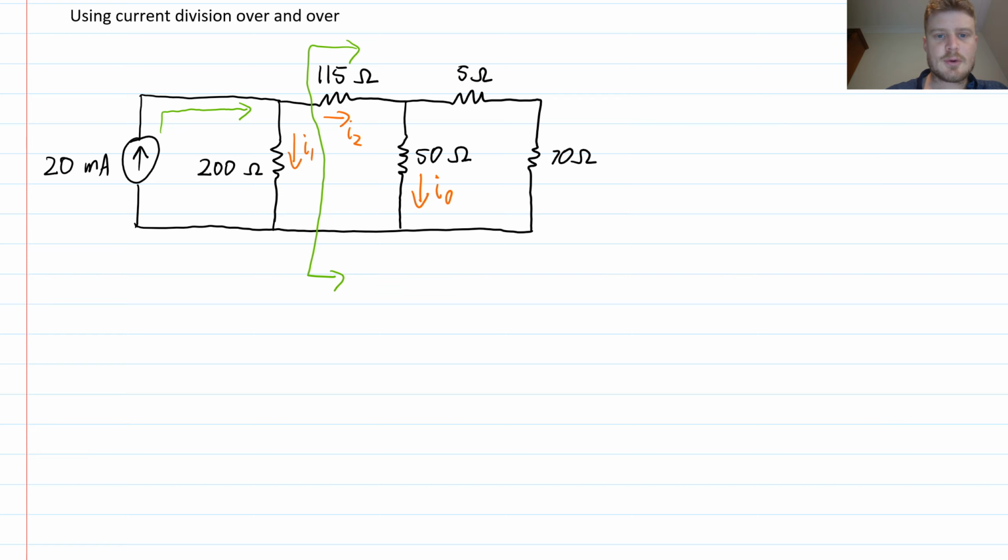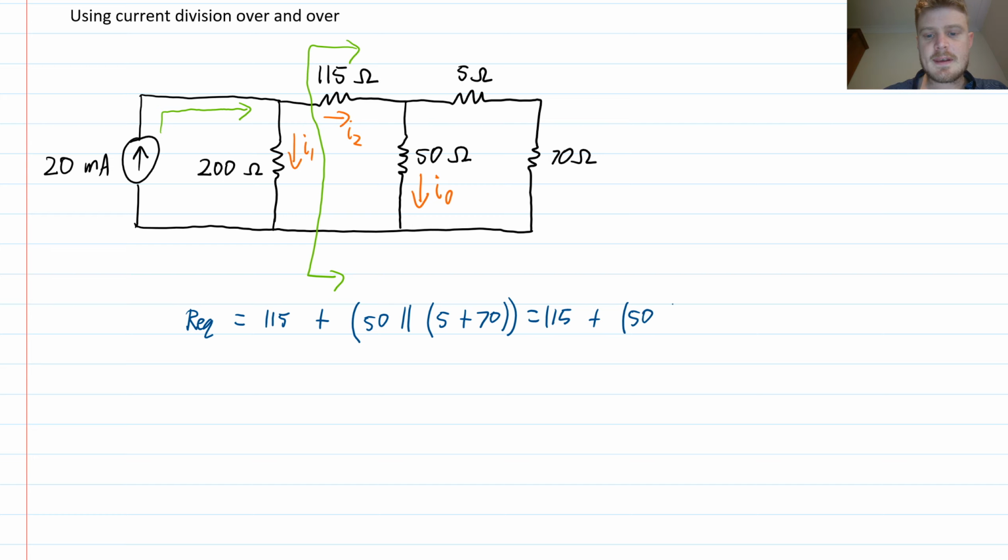So the equivalent resistance of this right-hand side, R equivalent, is 115 in series with 50 ohms, which is in parallel with 5 plus 70. So I can write down this expression for what will be the total resistance of this part of my network. So that's 115 plus 50 in parallel with 75.